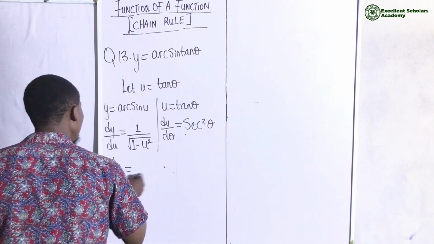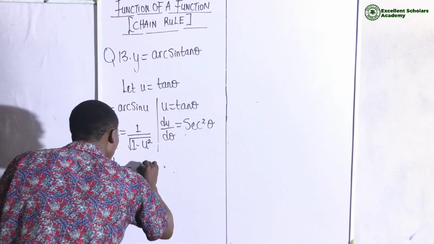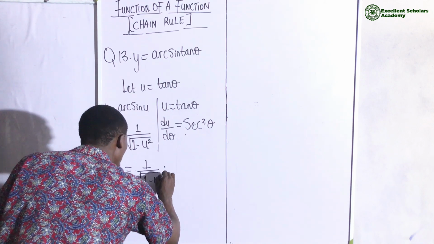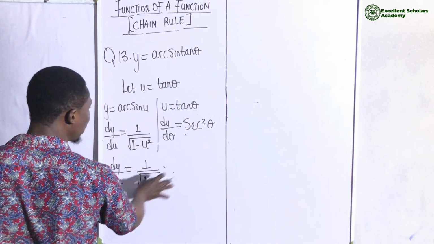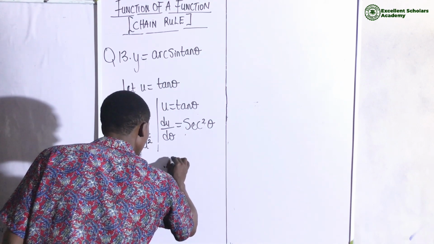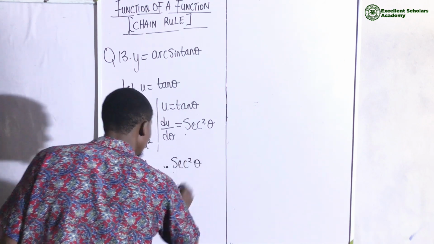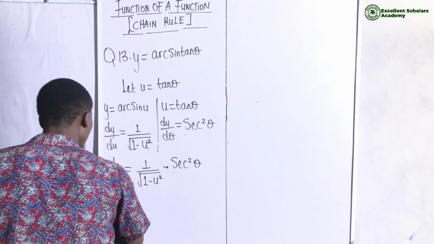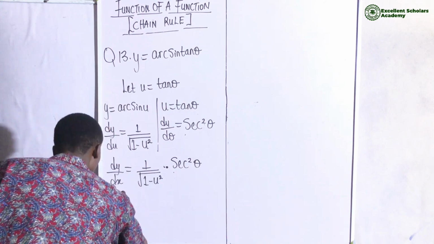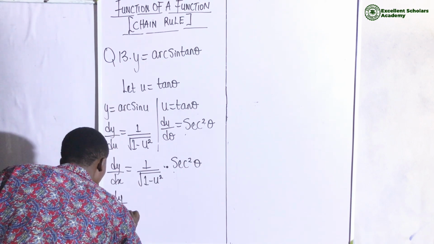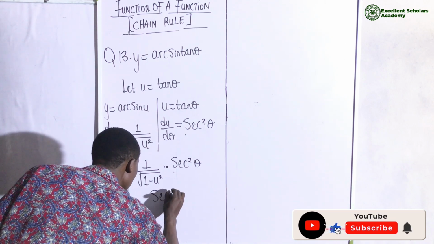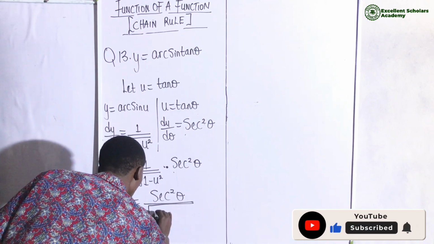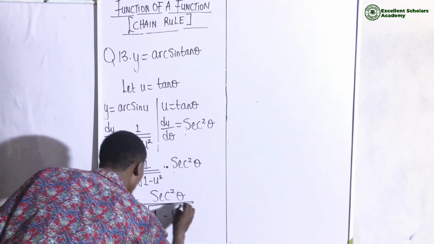Now, so our dy/d theta will be equal to 1 over square root of 1 minus u squared, which is dy/du, times du/d theta, which is sec square theta. So now multiply this, we are going to have dy/d theta equal to sec square theta over, recall u is equal to tan theta, 1 minus u squared.